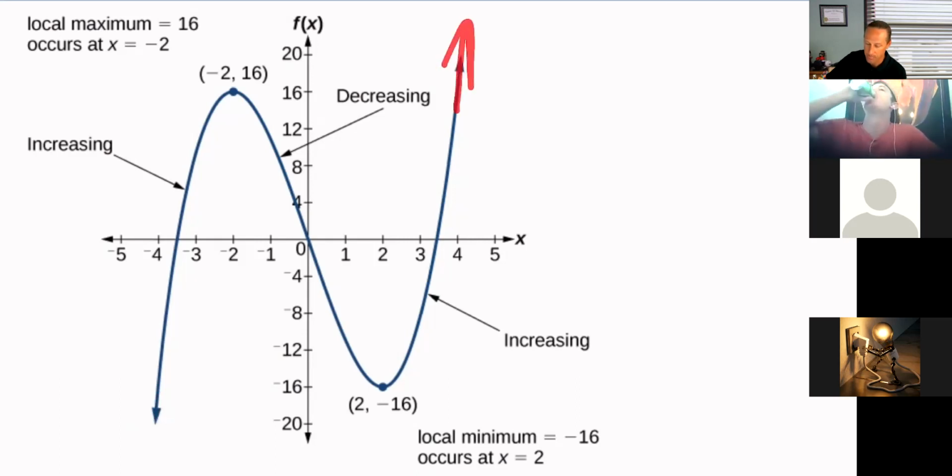How about a maximum? No. But locally around this, yes, it is the highest point. So these are things that we're going to get into where we talk about locally versus globally or the absolute.